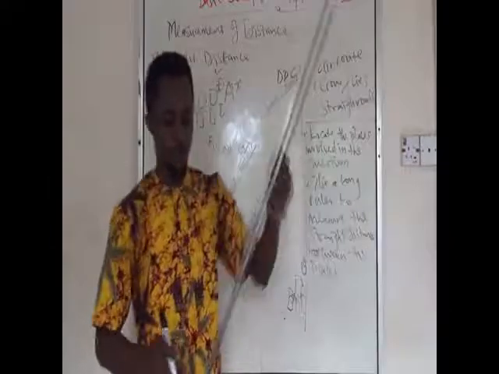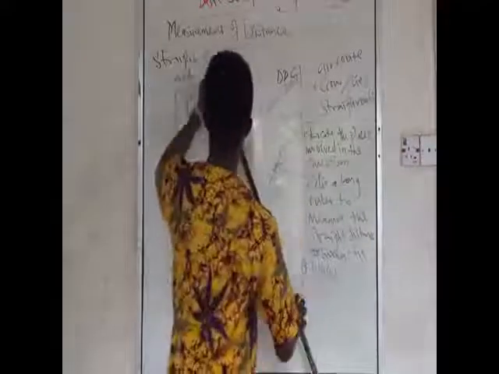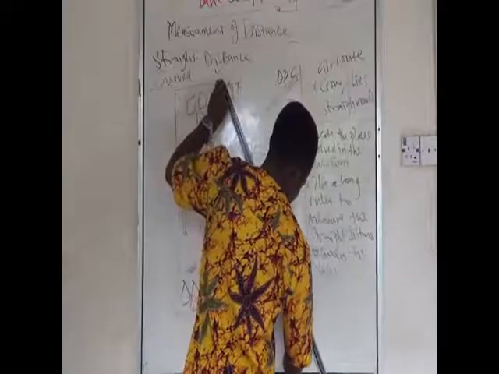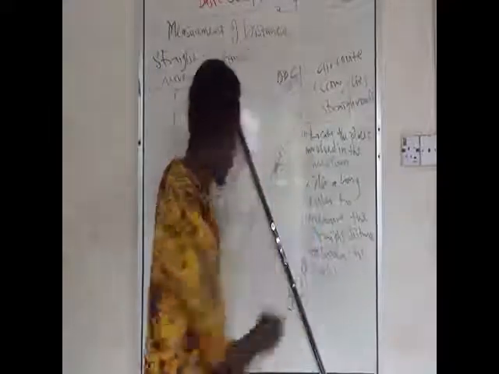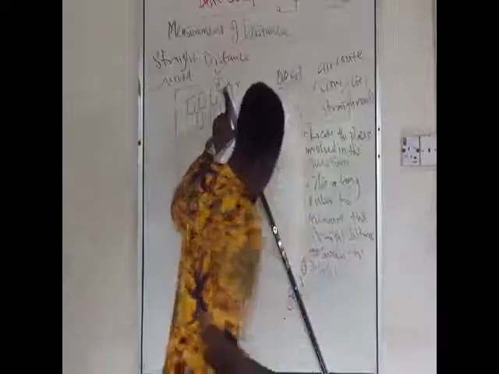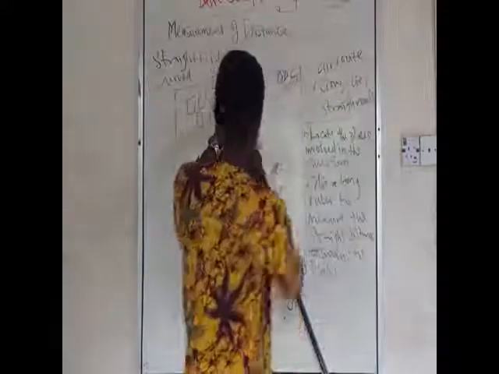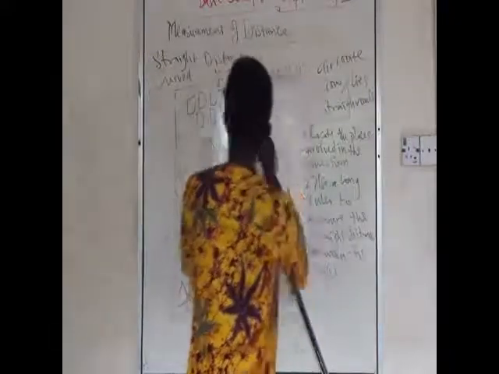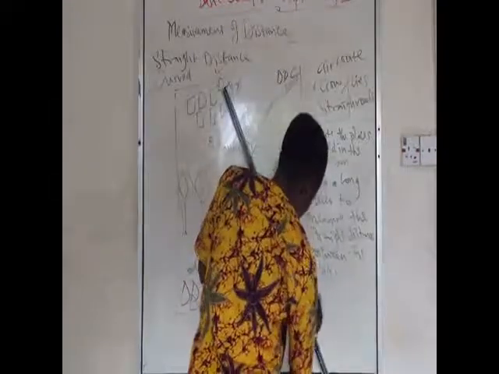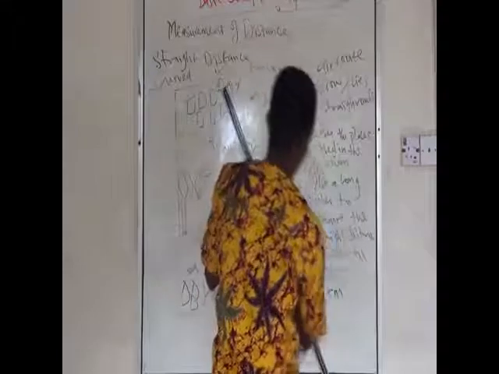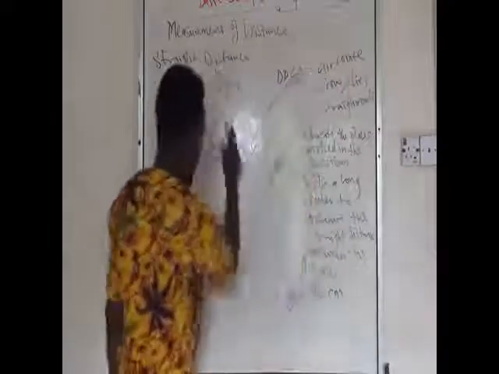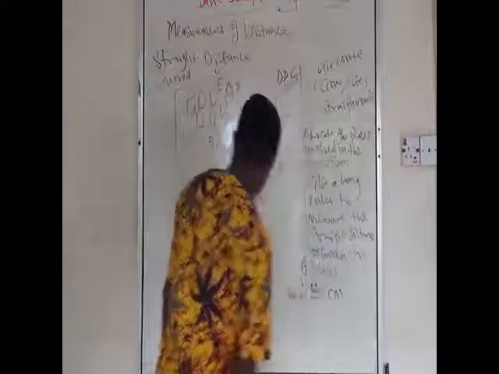Good. You use your ruler. You place it on the center of town A and you read it to the center of town B. When you place the ruler from town A and read it to the center of town B, let's assume from town A to town B gives us 40 centimeters.